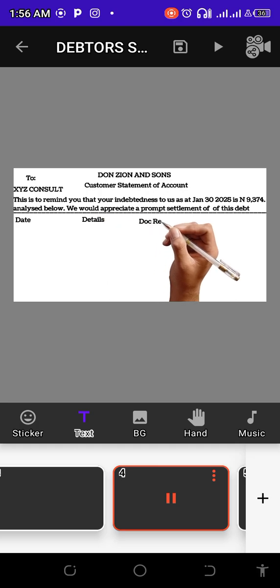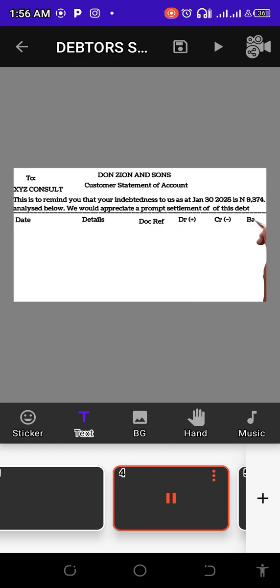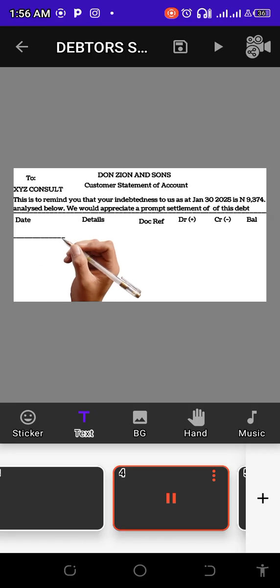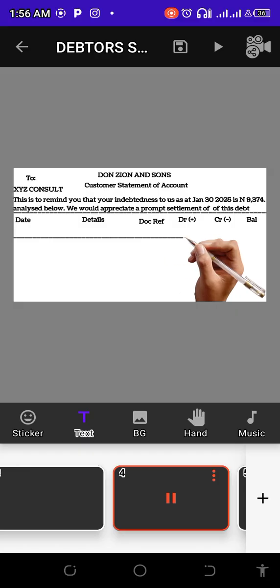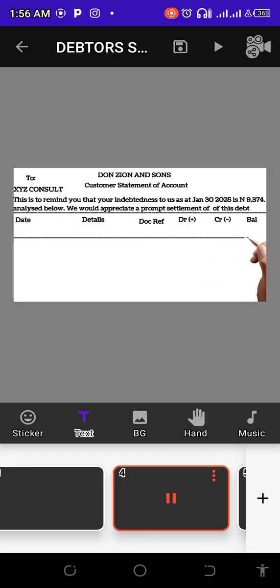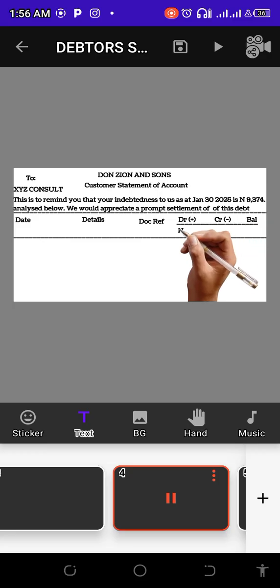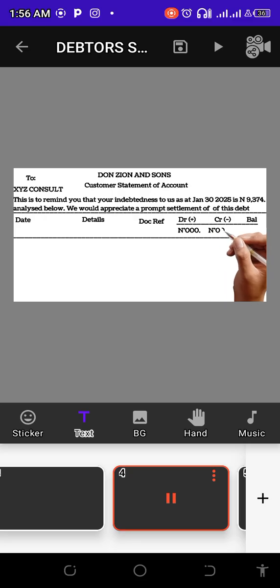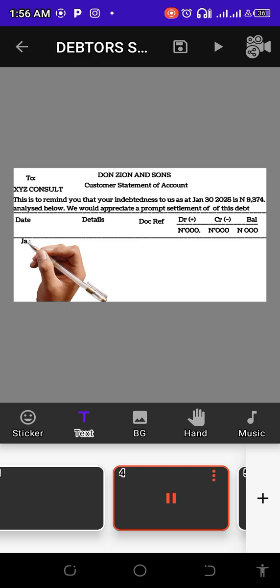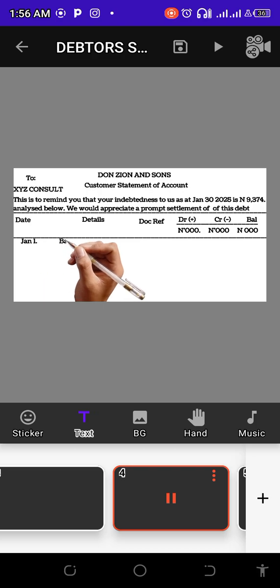Then the analysis is this: you have the dates, you have the details, that is the description or narrative, you have the ref number, you have the debit. Everything that increases this statement will be by the debit side, while everything that reduces it will be by the credit side. At the end, we run the balances and take it to the balance column.